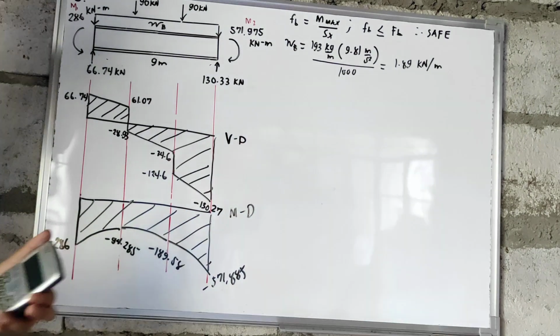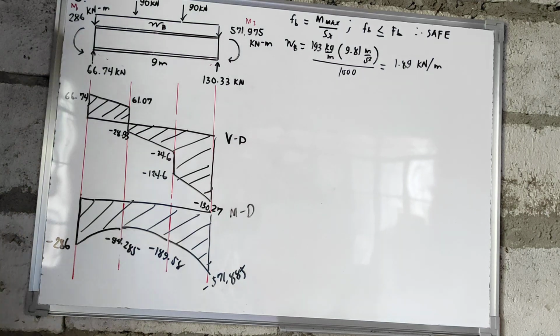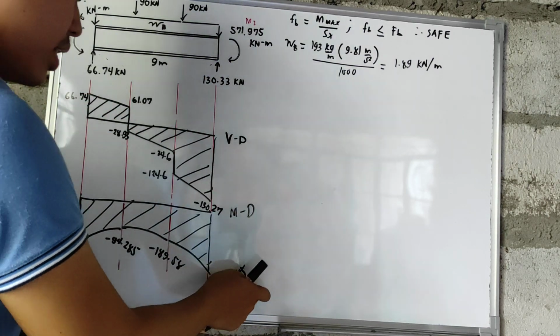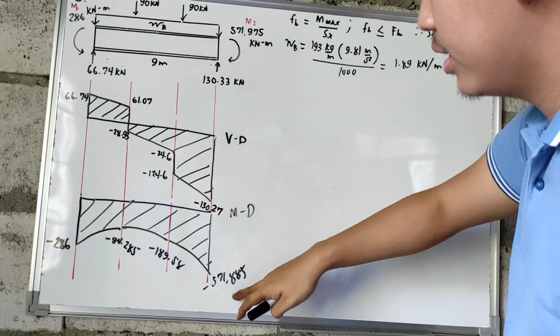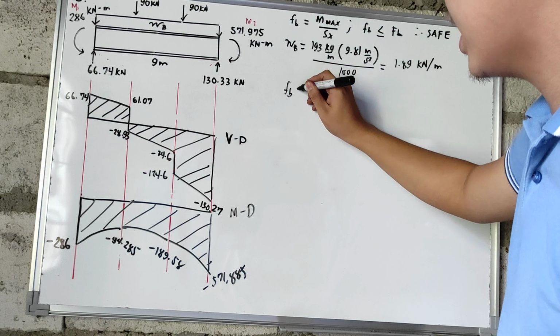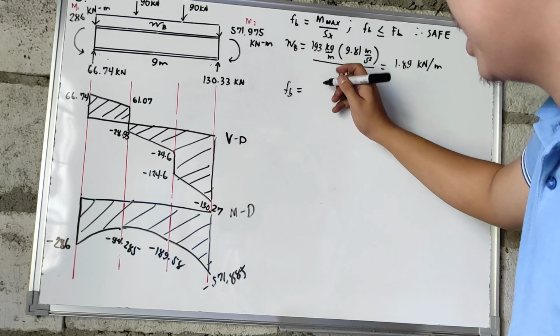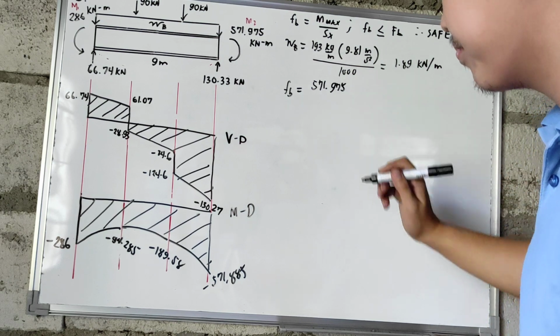So, from here, kunin natin yung maximum moment natin. Siyempre, obviously, kung mapapansin ninyo, yung maximum moment natin is eto, etong nasa baba natin. So, kunin na lang natin etong value na to, kasi konti lang naman yung difference niya. So, the value of our actual bending, ito muna yung adapt natin: 571.975.